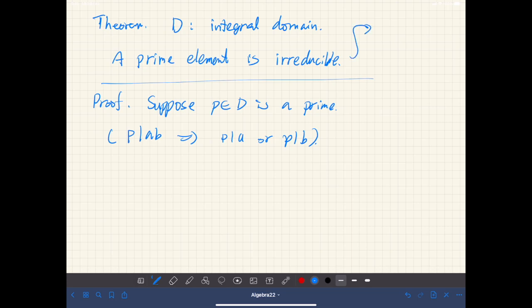Irreducible means if A divides P, then either A is a unit, an associate of 1, or it's an associate of P, where U is some unit.